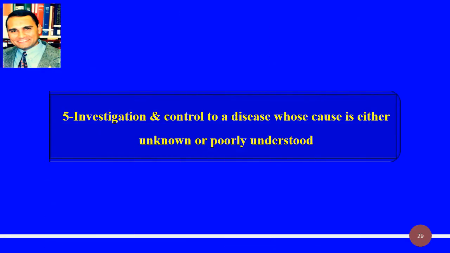The fifth perspective and usage of epidemiology is the investigation and control of any disease whose cause is either unknown or poorly understood. There are many historical instances of disease control based on epidemiological observation before a cause was identified. Examples include contagious bovine pleuropneumonia in Egypt and the United States.